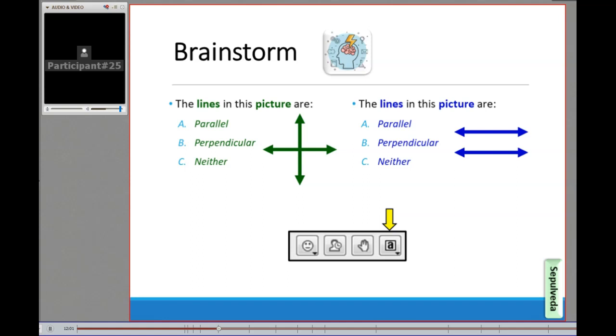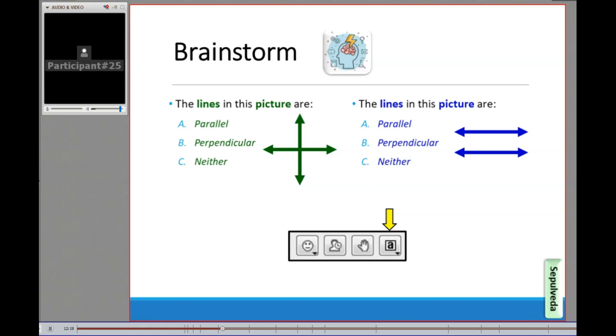So let's do a little geometry here. And some of you might be like, oh, no. Looking at the green lines, I want you all to look at the green lines. Tell me, are these green lines parallel, perpendicular, or neither?